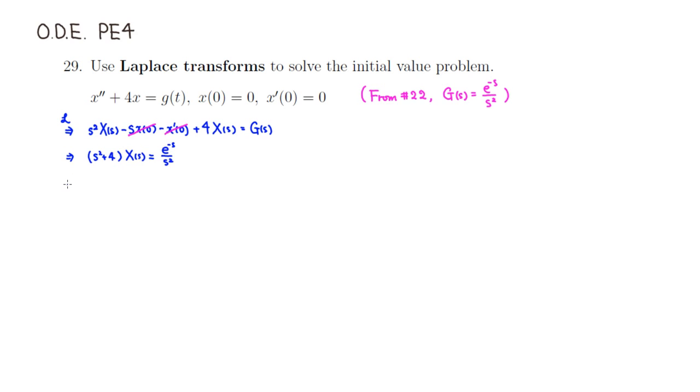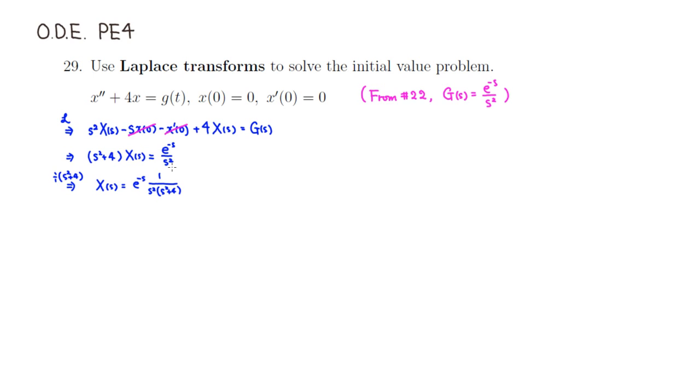We can isolate the capital X of s by dividing through by s squared plus 4. So capital X of s is equal to e to the negative s in front, then 1 over s squared times s squared plus 4.